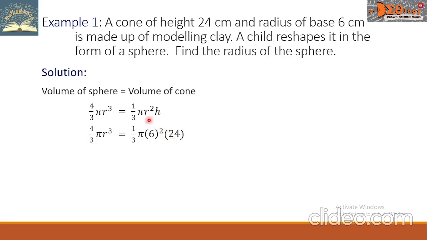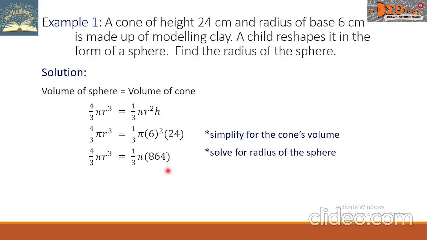The radius is given as 6, then we square it, and the height h is 24. Let us simplify the cone's volume. 6 squared times 24 will be 864.